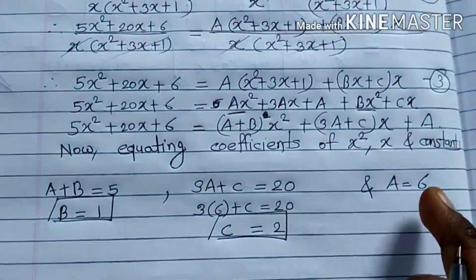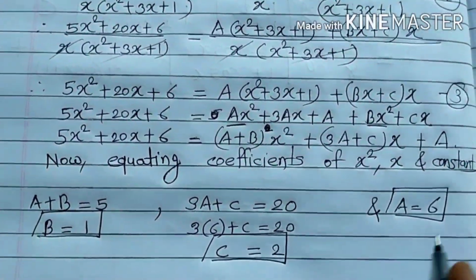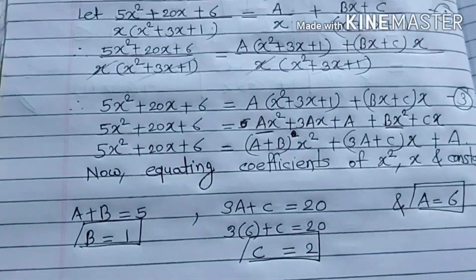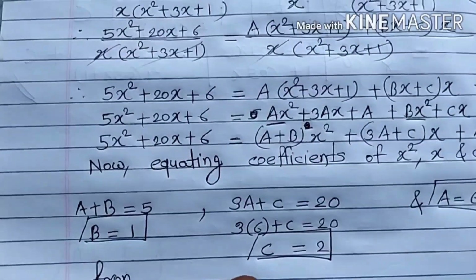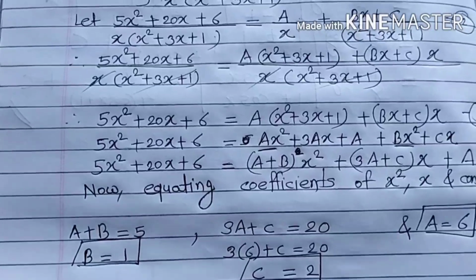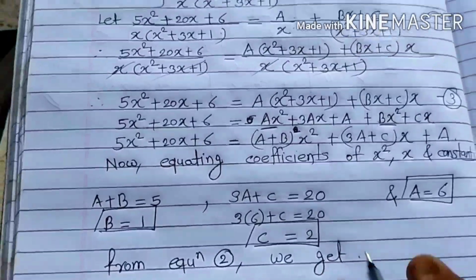Now using the values of a, b and c from equation 2, we get, put the values.